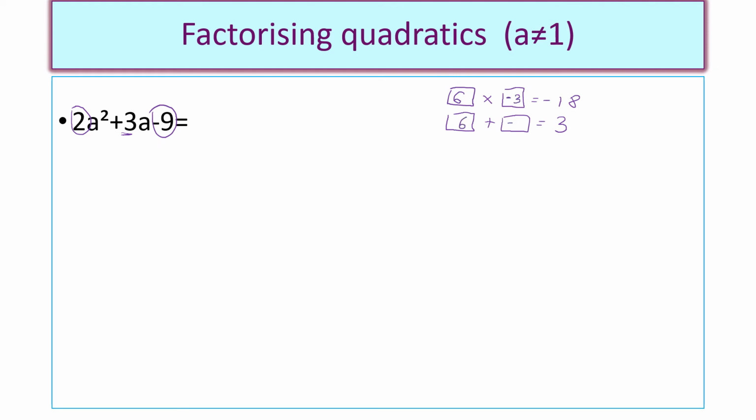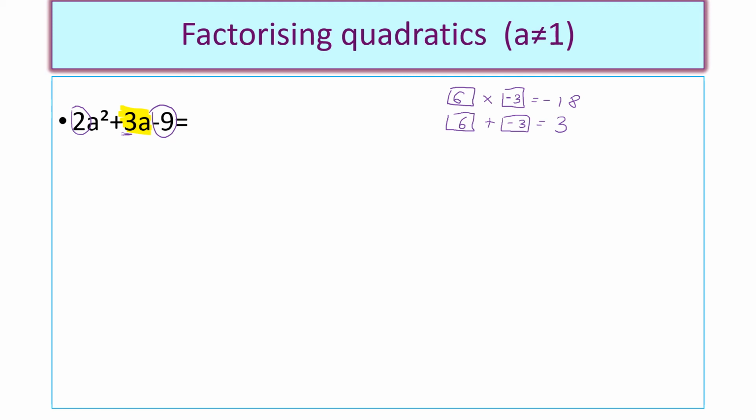When I multiply 6 and negative 3, I get negative 18, and when I add them, I get positive 3. So I'm going to rewrite this expression, but I'm going to split 3a into 6a and take away 3a.